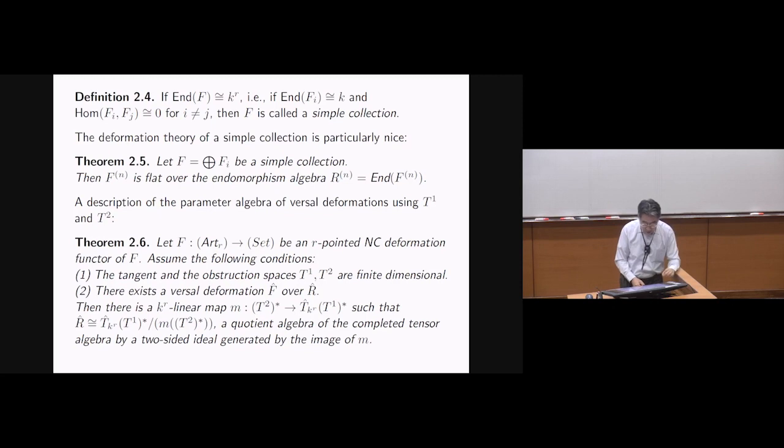Then there is a linear map from T to the dual space of T2 to the completed tensor algebra of the dual space of the tangent space, such that the versal algebra is given as a quotient algebra. This is a very general statement, and actually this is very easily proved by using the usual ring theory.